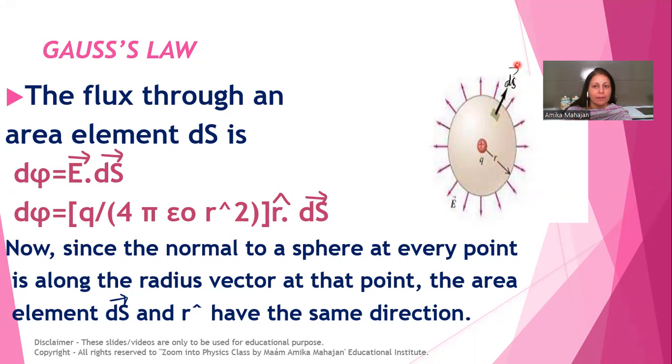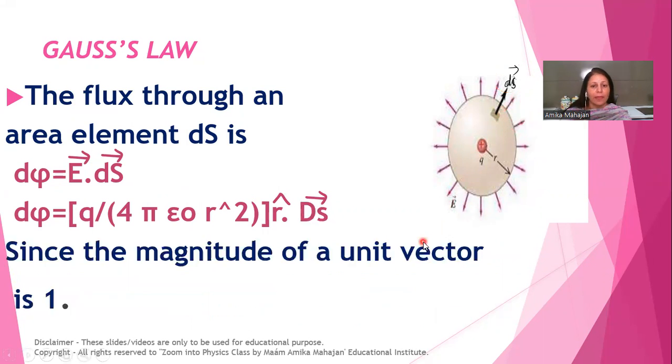What is the meaning of this? The angle between ds vector and r cap, because they are having same direction, is 0 degree.